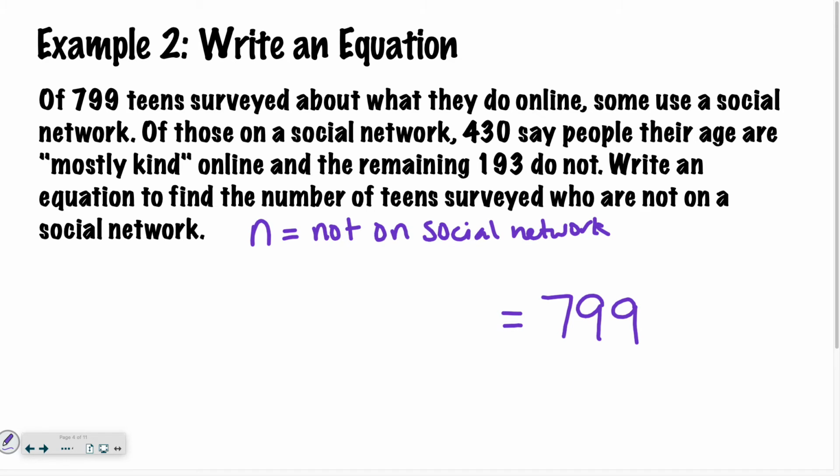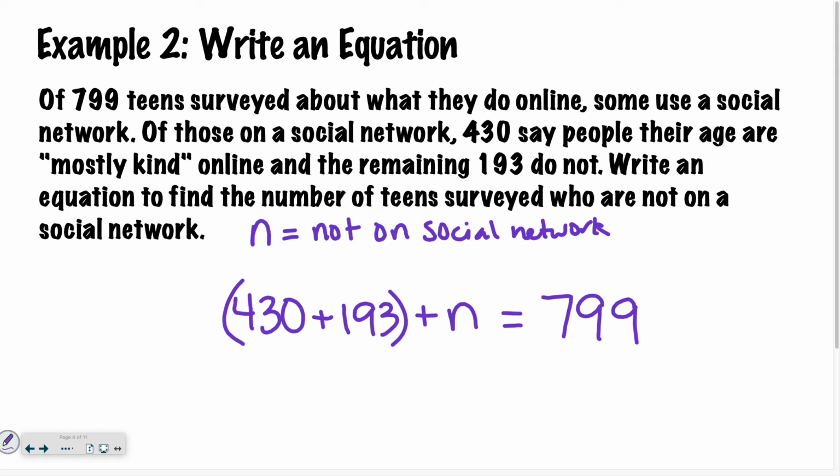And the way that I figure out what is equal to the 799, I know that there are 430 that say people are mostly kind, plus the 193 people that say people are not mostly kind. And then that would leave us with n number of people that aren't on a social network at all.